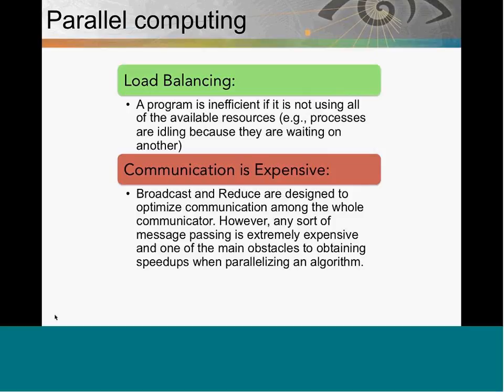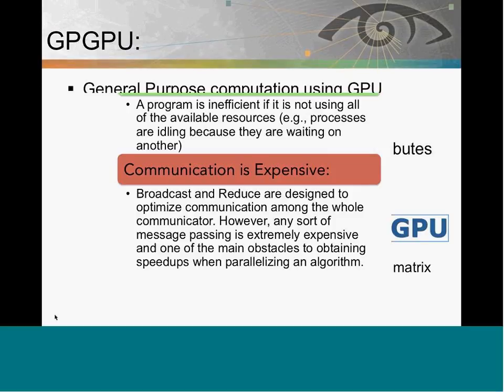Once you try to access the memory of another node, you use the interconnect or Ethernet or whatever mechanism you use. So if possible, just try to minimize the communication. Try to use the local data as much as possible within that node for the rank.